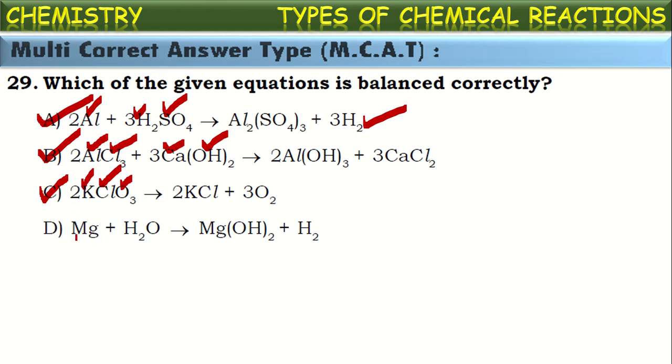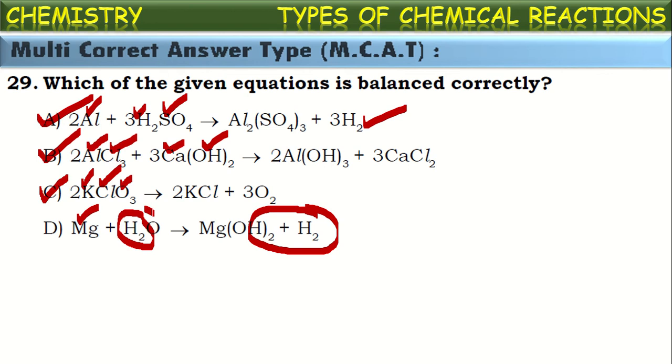Magnesium: here there is one magnesium atom, here also one magnesium. Magnesium balanced. Hydrogens, if you see, there are only two hydrogens on the left hand side. But on the right hand side, here two hydrogens, here two hydrogens. Totally, there are four hydrogens on the right hand side, whereas there are only two hydrogens on the left hand side.